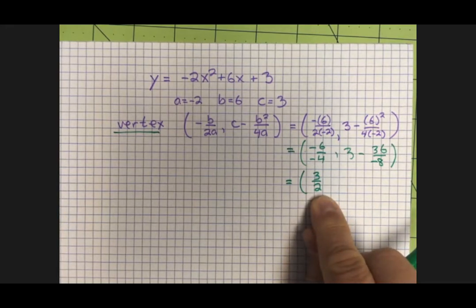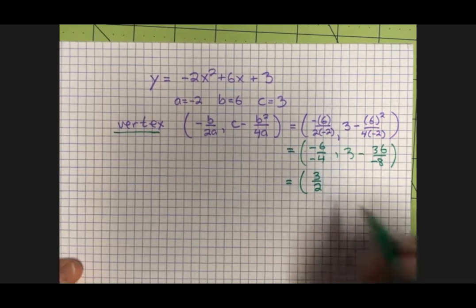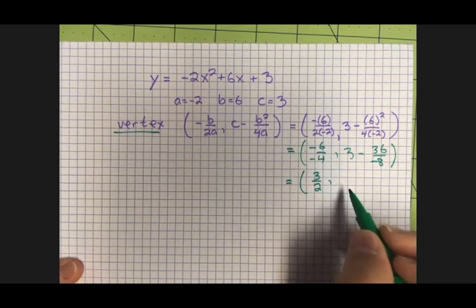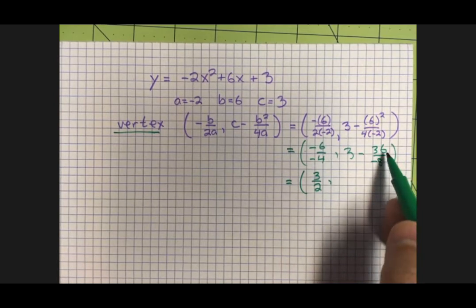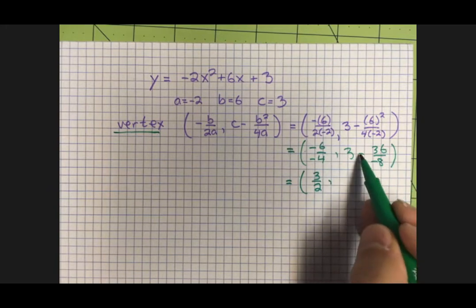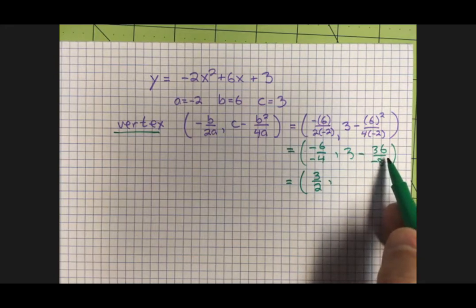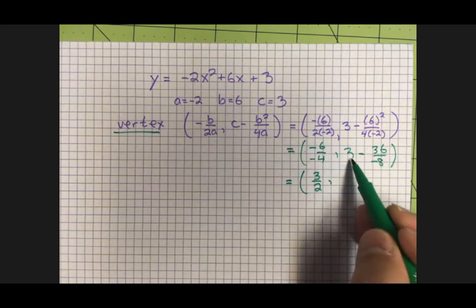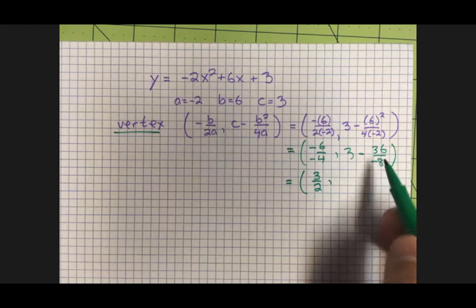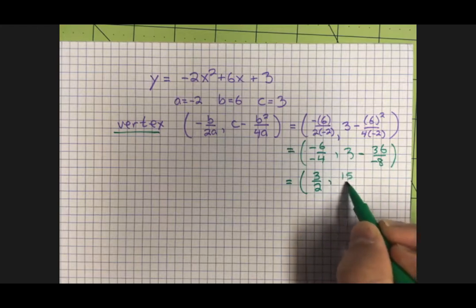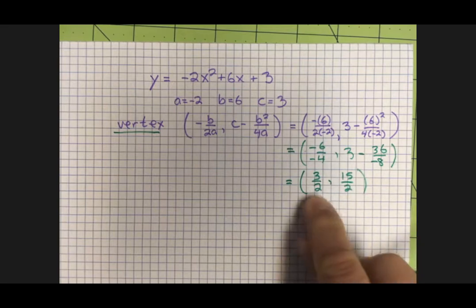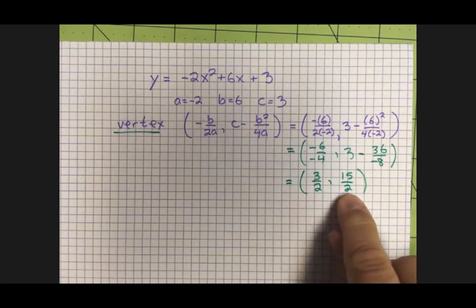This is going to be a vertex in between points, but we can deal with that. Why? Because we are scale masters. What's 36 over 8? Divide by 2, 18 over 4, divide by 2, 9 over 2. Notice it's a negative, so this is positive 9 over 2. 3 is 6 over 2. What's 6 over 2 plus 9 over 2? 15 over 2, which in plain English is 7.5. So the vertex is 1.5, 7.5.